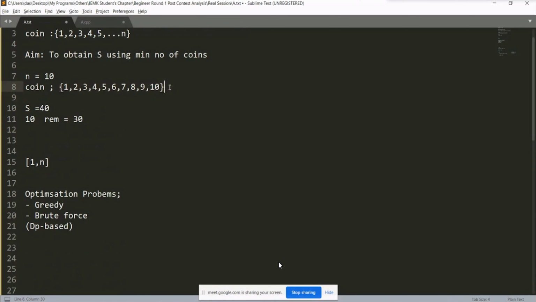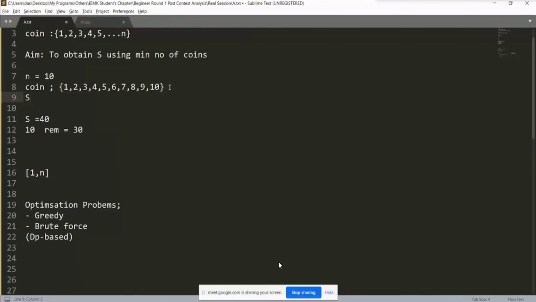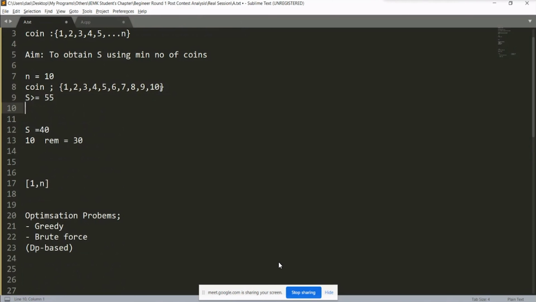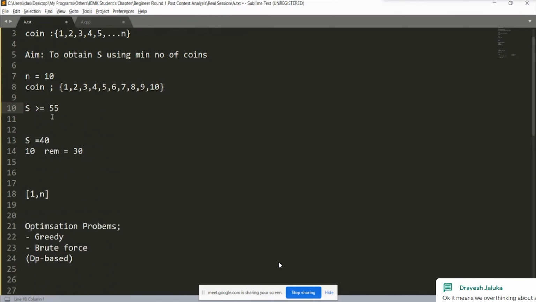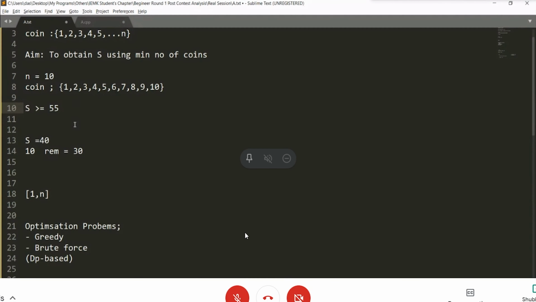First thing is, if the total value is greater than say 55, then it's not possible because the total sum itself is 55, and if repetition is not allowed, then that is not possible. You have to observe the problem carefully and come up with some cases yourself. So I'm leaving it to you. You can go ahead, think it out. That's also an interesting thing.